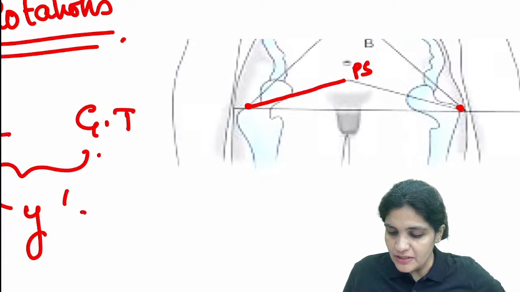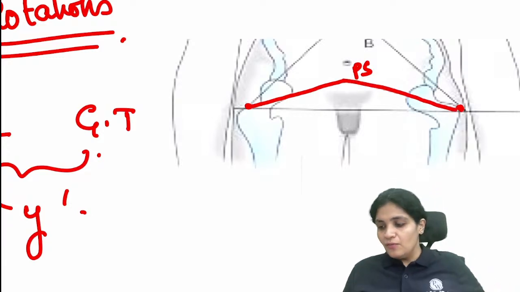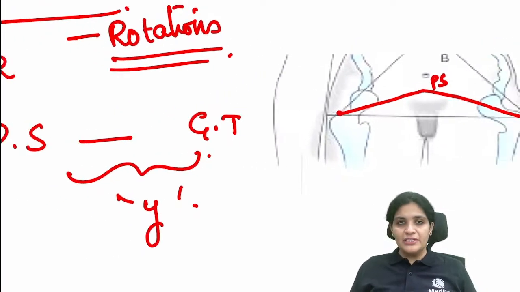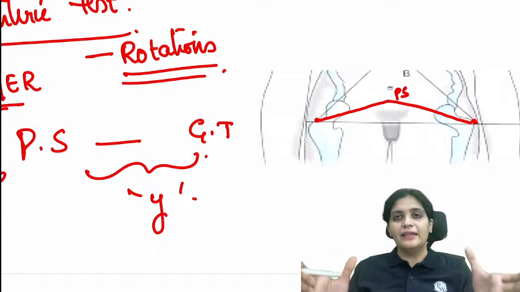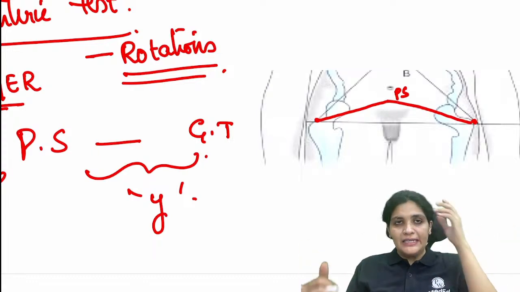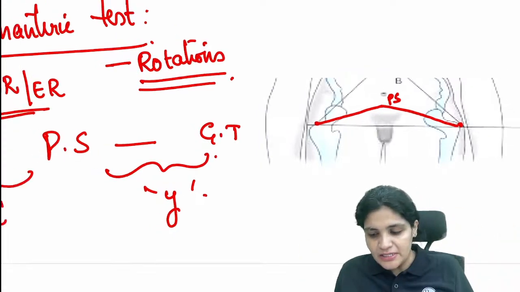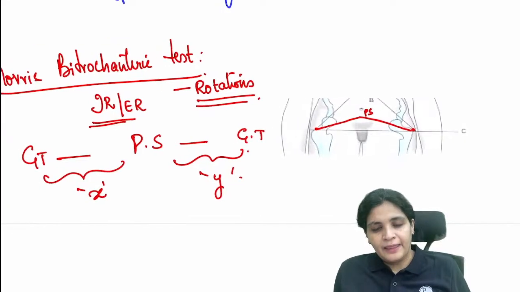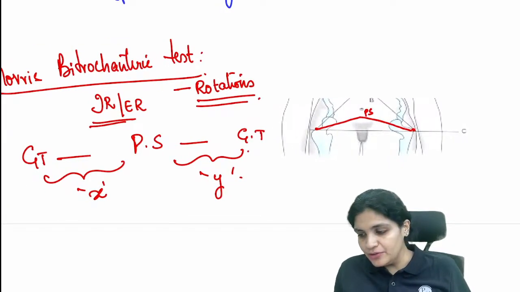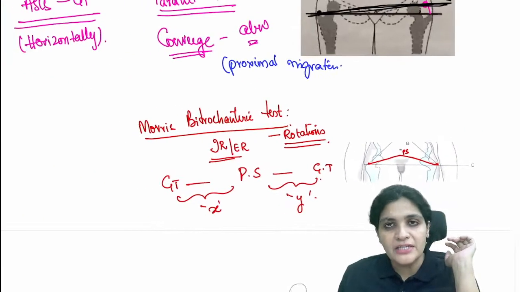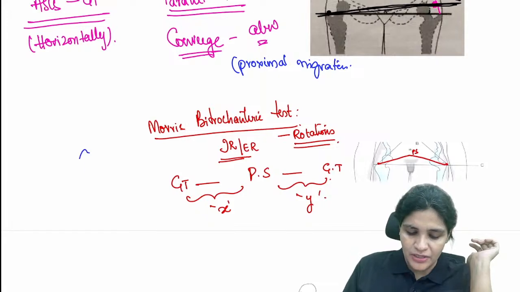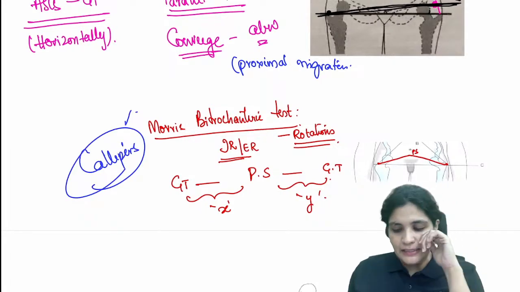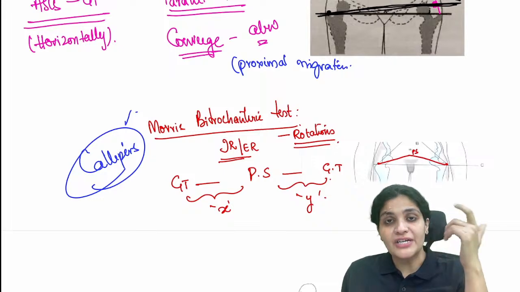Now you measure this and this. Which one is nearer? If it is internally rotated, they become nearer, and if it is externally rotated, they become farther. It is called Morris's bitrochanteric test, and you test with calipers, to see which length is more or less.